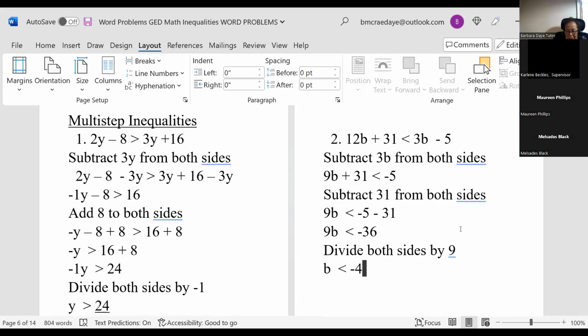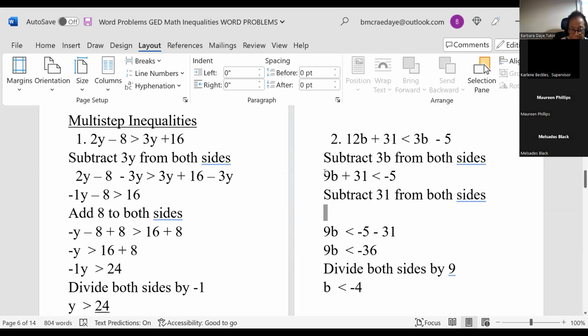Is that clear, Mercedes? Right below, subtract 31 from both sides. Right here? Yeah, in the middle. You said subtract 31 from both sides. Right there. Okay, let me just do this.